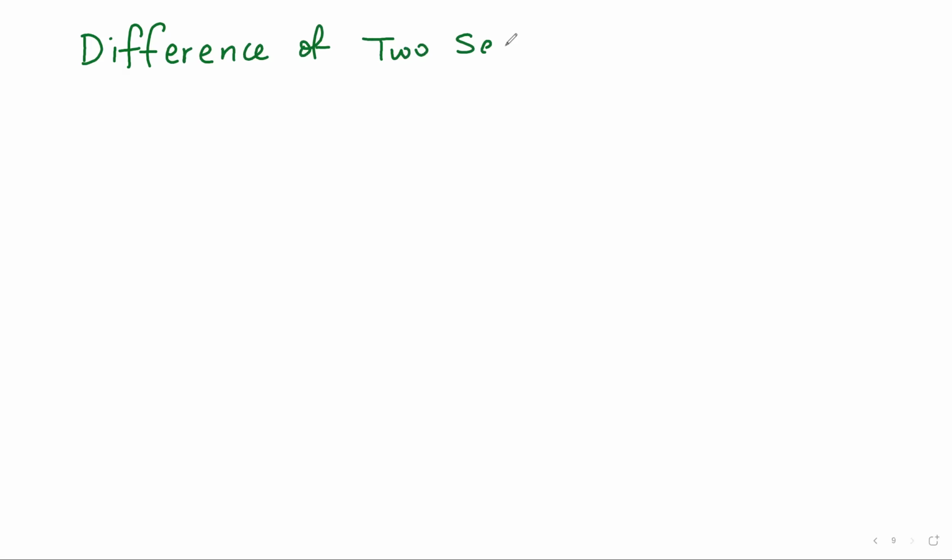And why do we call it squares? Well, there's two square numbers. A square number is a number you get when you multiply another number by itself. So for example, a square number will be x squared because that's x times x. 4 is a square number because that's 2 times 2. 9 is a square number, that's 3 times 3.